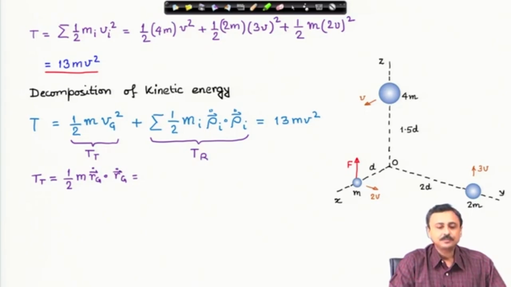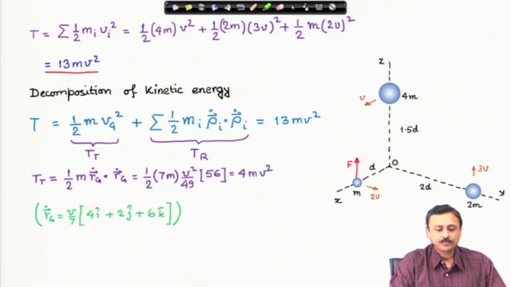The kinetic energy of translation, which is half m times the velocity of the center of mass squared, can be obtained easily because we have already found the velocity of the center of mass, r_G dot. Just substituting in this expression gives the kinetic energy because of the motion of the center of mass.